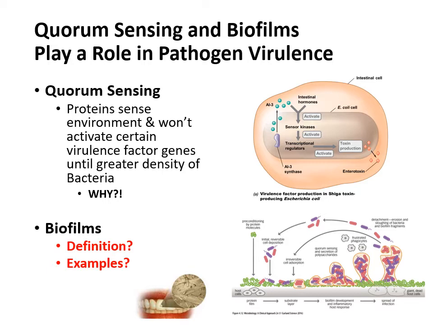In addition to quorum sensing, another thing bacteria can do in order to help with being pathogenic and virulence is to produce biofilms. Okay, so certain bacteria will produce biofilms. What this means is they will form a collection or an aggregation of different species of bacteria that stick together and will grow as one big mass.